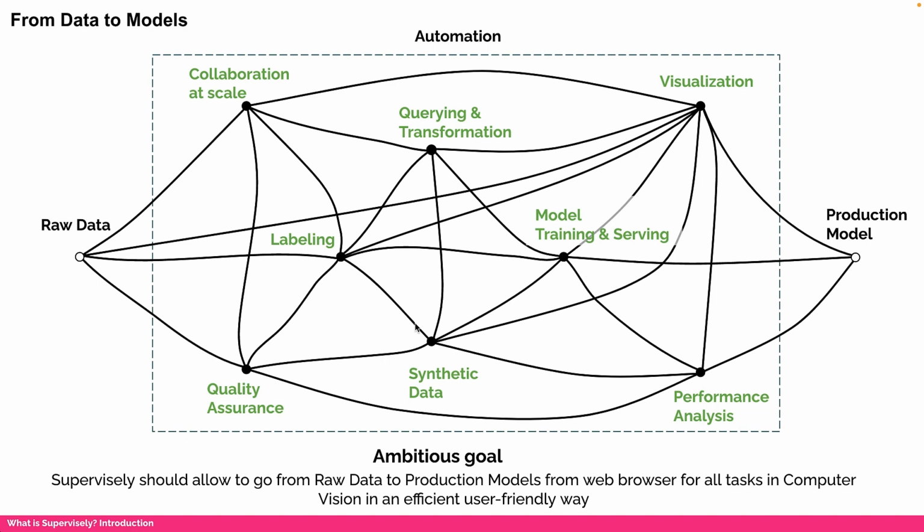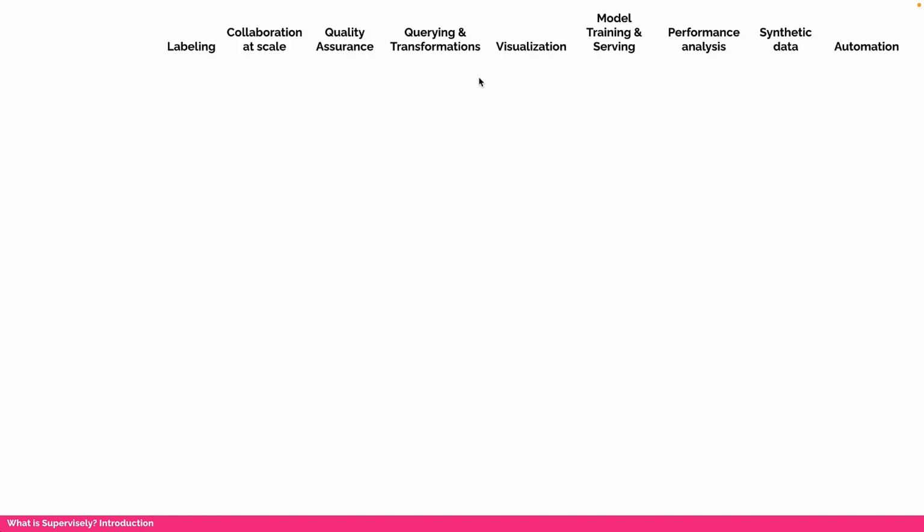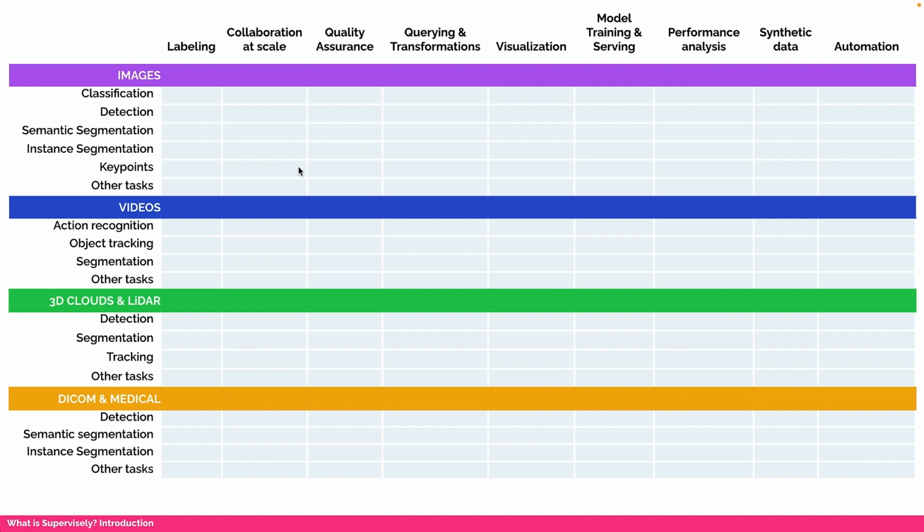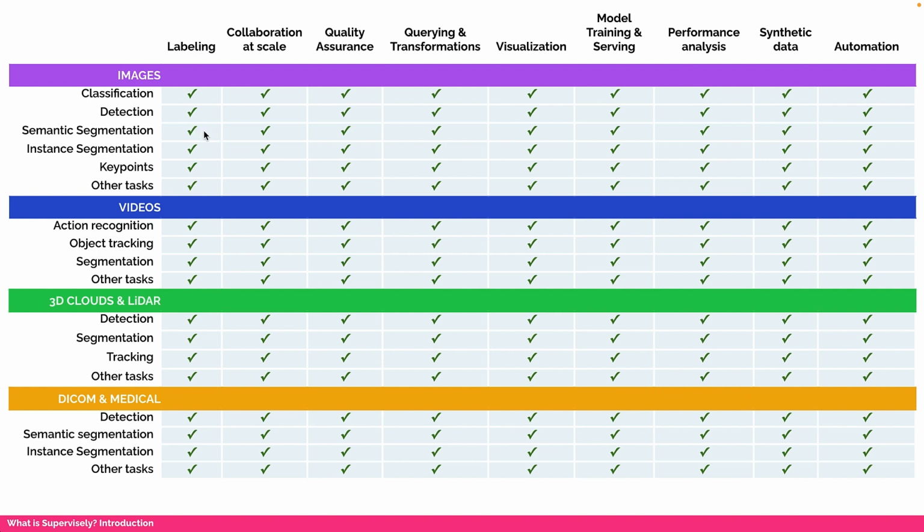Okay, so let's move further here. Let me try to decompose this goal even further. I will outline this process and automation and put those into the header of the table like this. On the rows of the table, there will be different modalities and associated tasks. And we can construct the matrix like this. So essentially, the goal is to have software that covers every cell here.